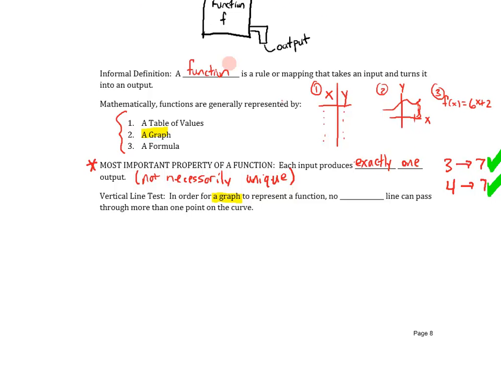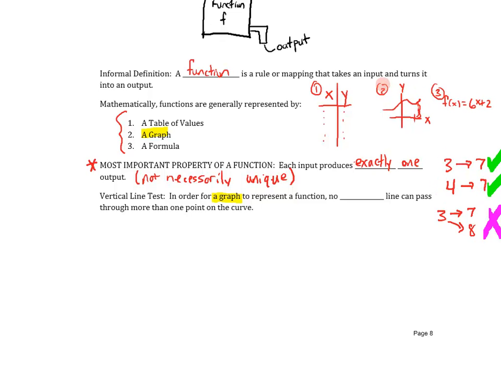What's not okay is if you throw 3 in and you get a 7 and you also get an 8 out of it. That you can't have happen. That is, you cannot have multiple outputs for a single input. But what you can have is one input produces an output, another input produces an output, even if they're the same output. And they can be different as well.